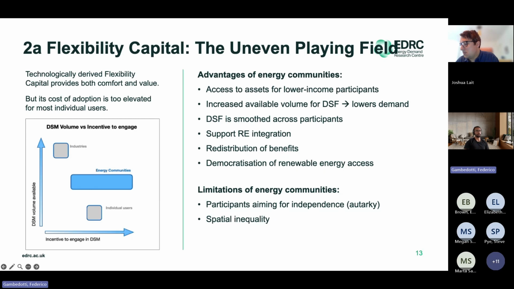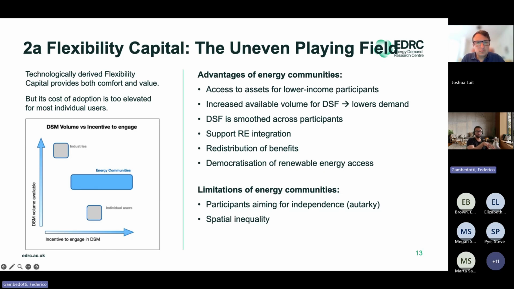The reason why they have been particularly successful is that lower income participants get access to these assets that they wouldn't be able to buy otherwise. There is a bigger volume of demand side flexibility because now we have a lot of people that can flex. Demand side flexibility has been quite granulated, as in the number of people that currently can provide demand side flexibility might be fragmented from a spatial perspective.